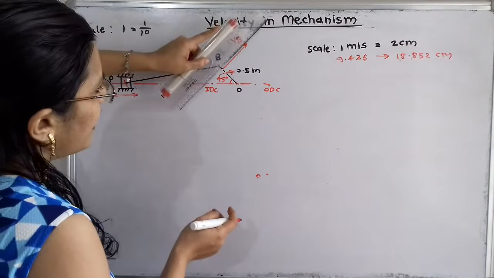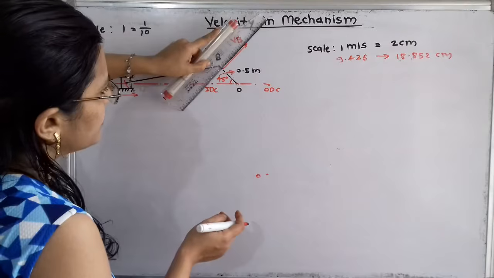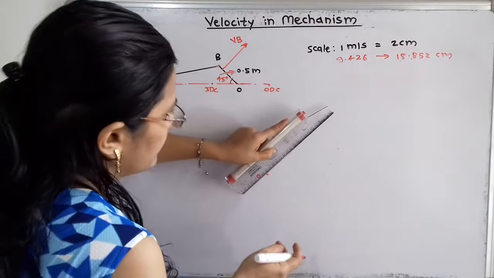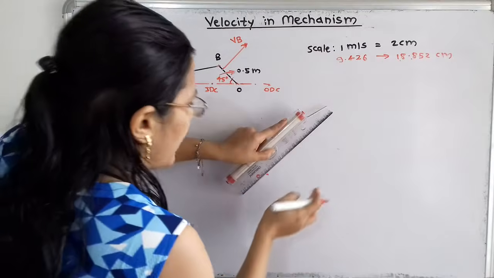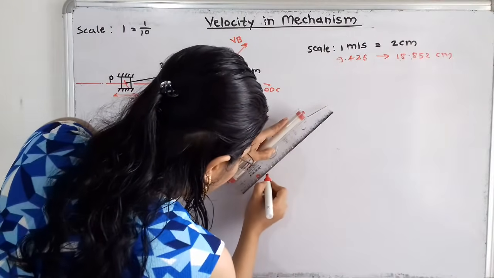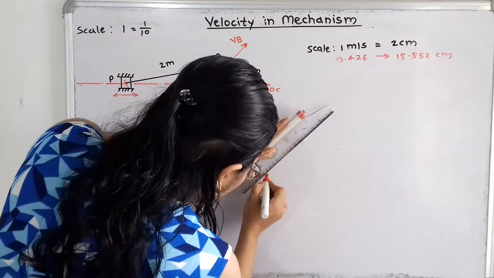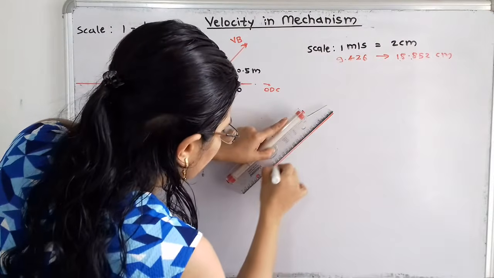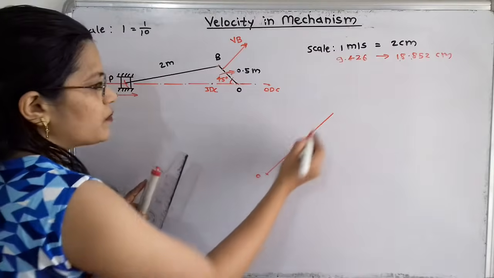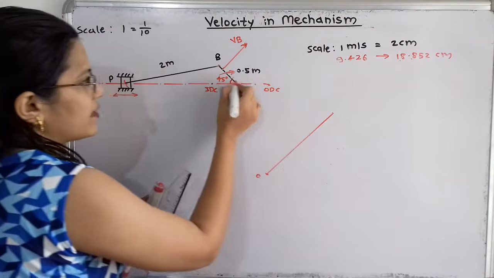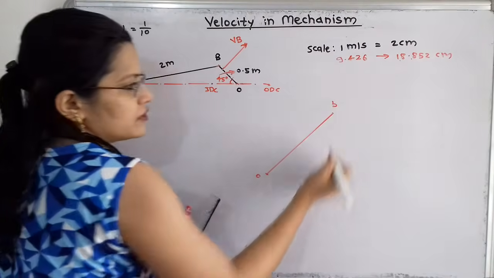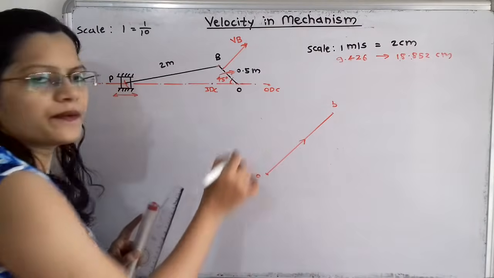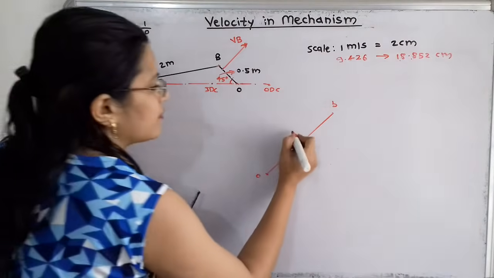First I will take the direction parallel to this VB from the space diagram to the velocity diagram. So I will take initially 18.8 centimeter. Here is the initial point, and here is the final point, so the final point is point b. So this is the vector ob, and this vector indicates the velocity of B. So I will say VB.